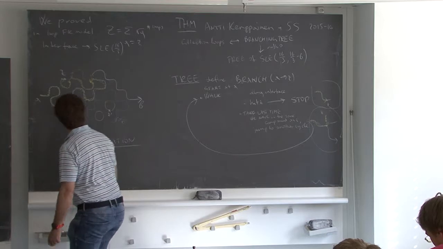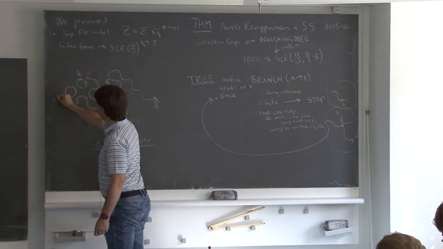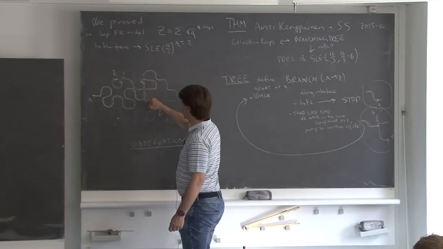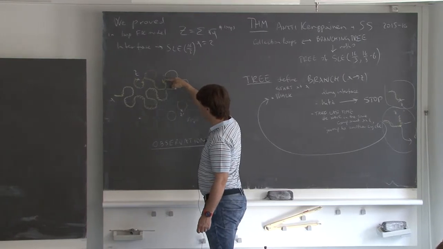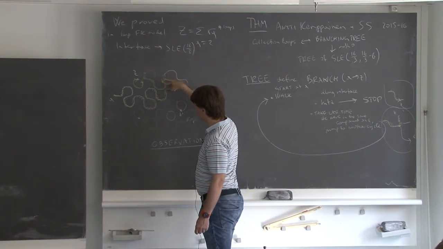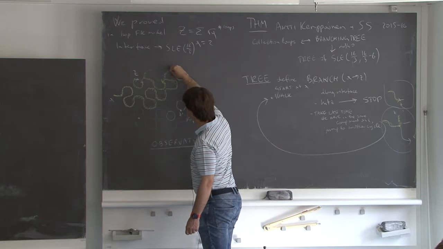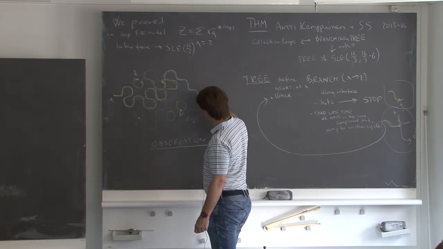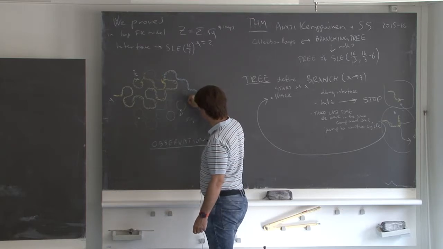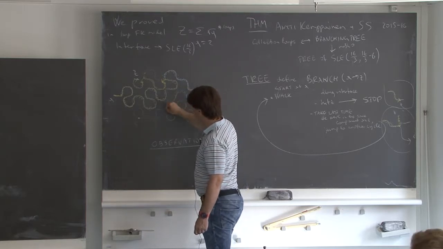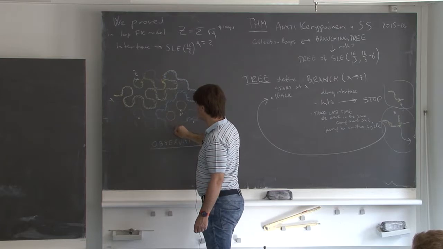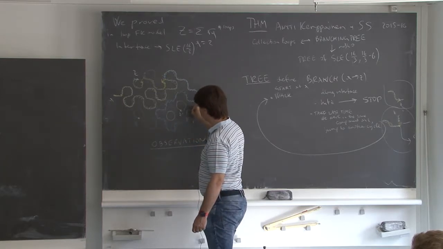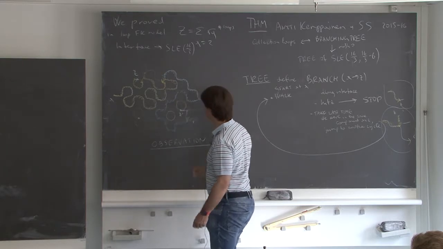I'll put z prime in a different color. So first we go. At this point we still can reach z prime, but we jumped to z away, and the thing for z prime just goes. That's the last time when we make a round turn. So we jump here, we go around. Again, that's the last time when we can still reach z prime. So we jump and we reach z prime.